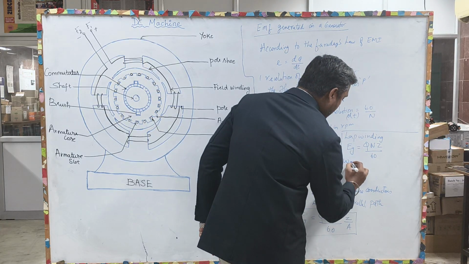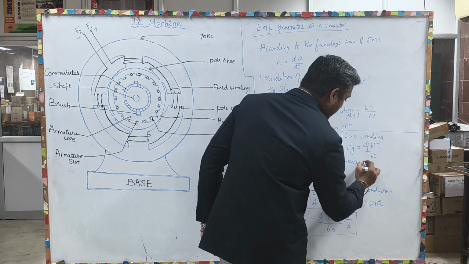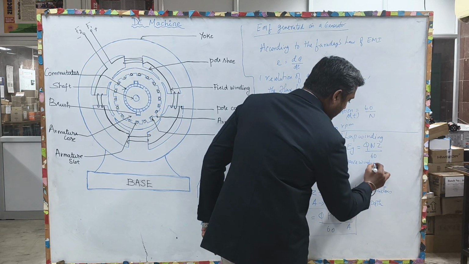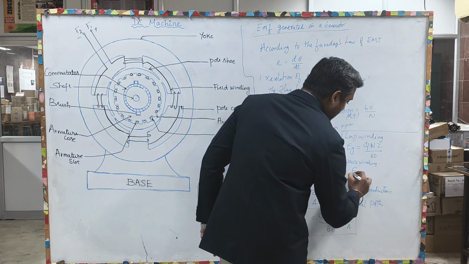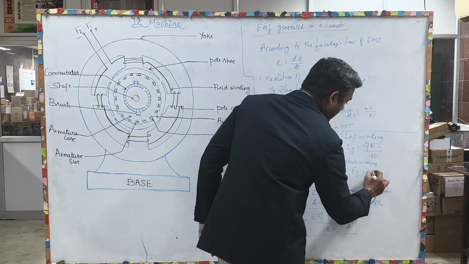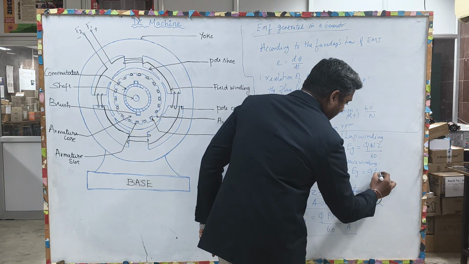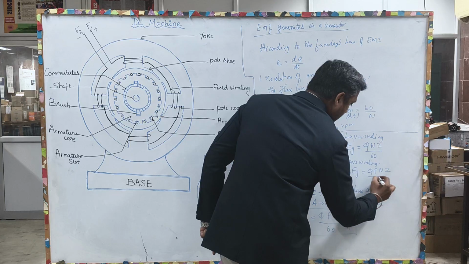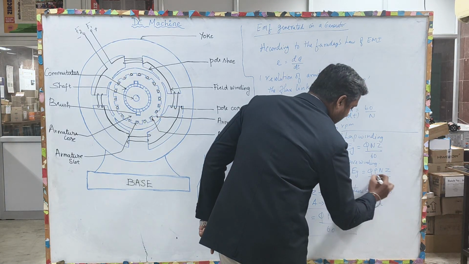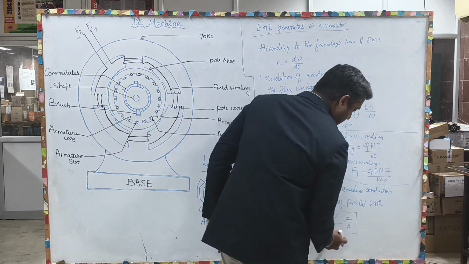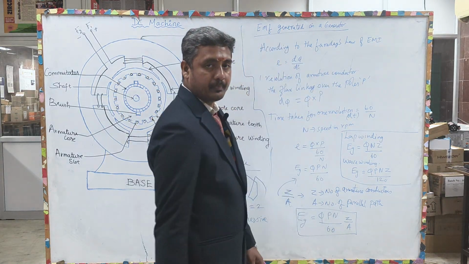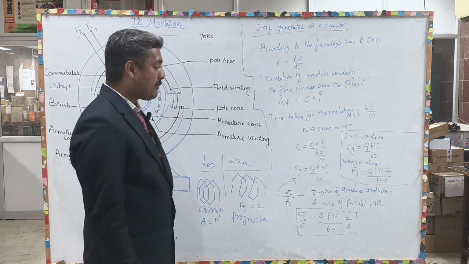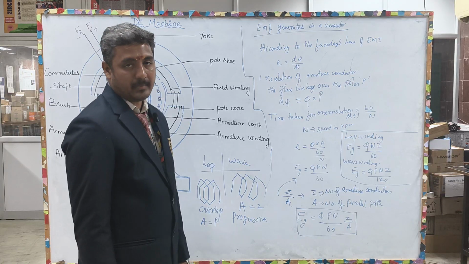If it is a wave winding, Eg will be equal to phi P N Z divided by 120, that is 60 into 2. That is for lap winding and wave winding.